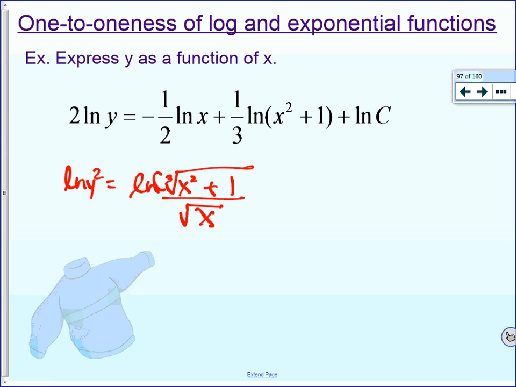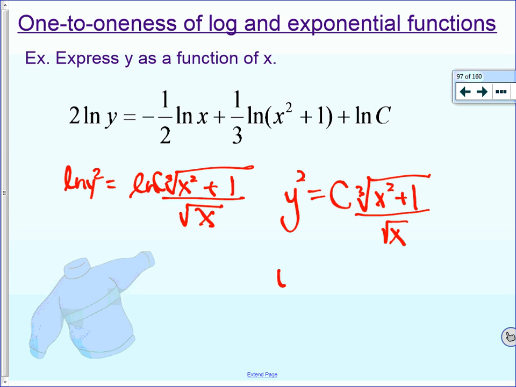So then, because I have just an ln on either side, I can say that y squared would equal c times the cube root of x squared plus 1 over the square root of x. And then y is the square root of all this, plus or minus.